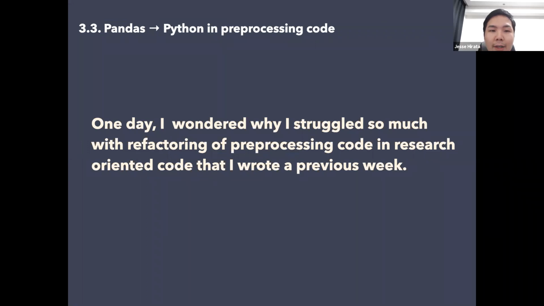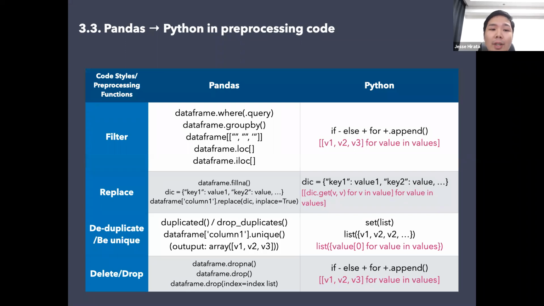So one day, I wondered why I struggled so much with refactoring of preprocessing code in research-oriented code that I wrote a previous week. The reason is that there are many coding styles with pandas, as you can see on the table. For example, the filter function has 6 kinds of coding styles.